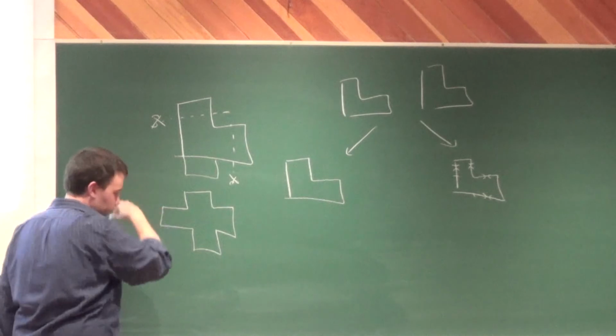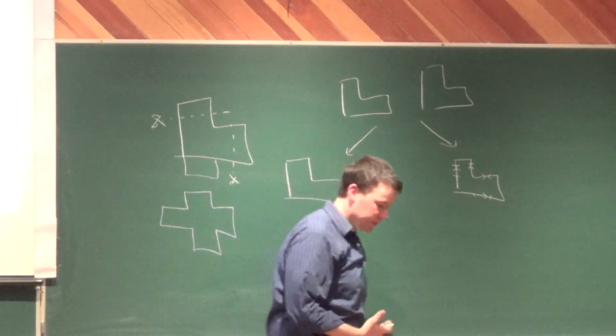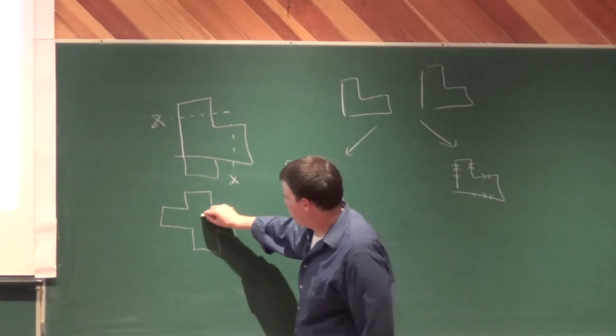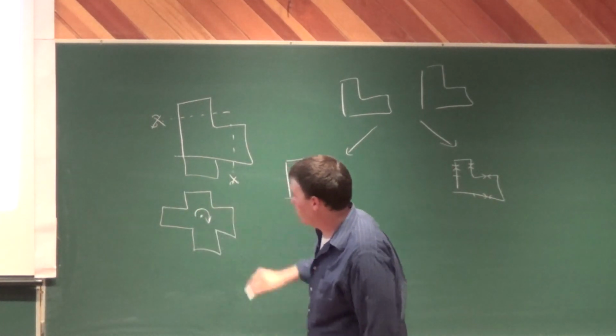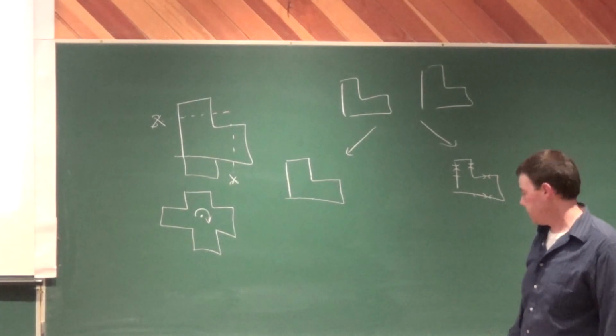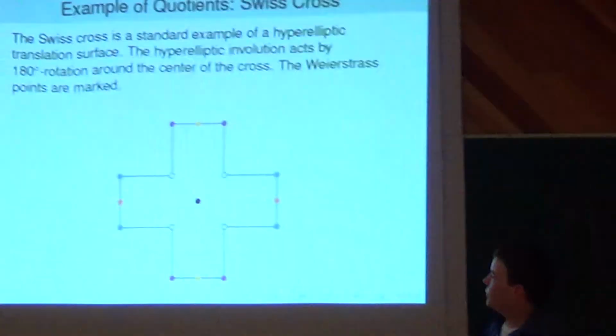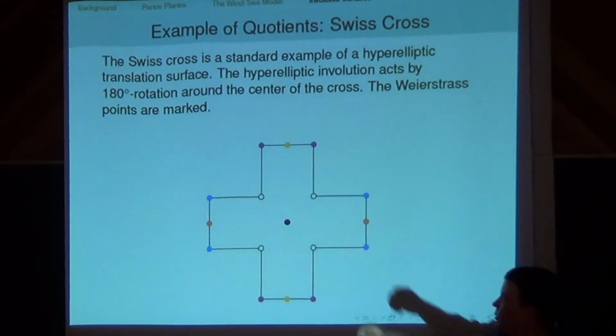The reason I'm representing the surface as the Swiss cross instead of as the L is just to make it very clear that there's this hyperelliptic involution that acts as a 180-degree rotation on this particular surface. And then the Weierstrass points of this involution are the points that are marked right here.